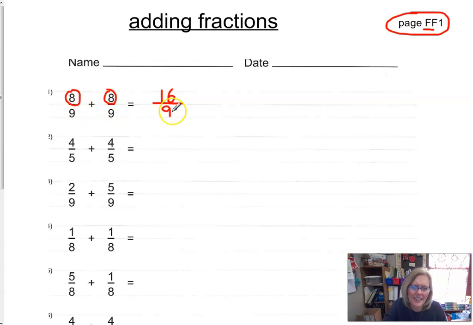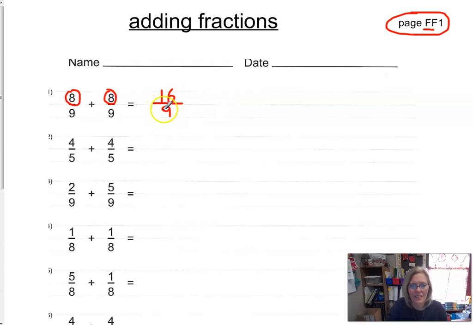And the reason we don't add the denominators is because if we had the size of 9ths and we had 8 of them, and we had another 8/9, 9ths are the same, okay, 9ths. Well, if you added them up, you would still only have 9ths, okay?